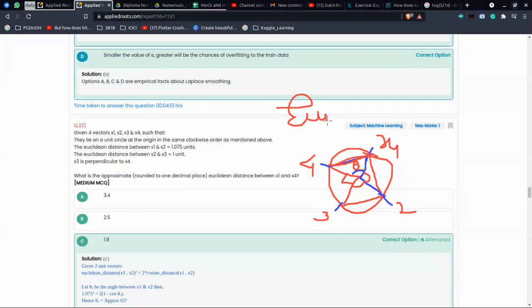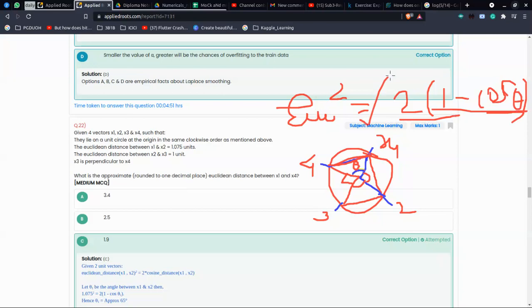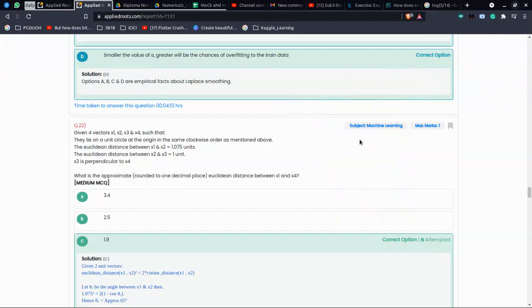We know the Euclidean distance squared is nothing but 2 into 1 minus cos theta, cosine distance. So theta we know, cos theta we know, 1 minus that we know, multiplied by 2 we know. So you can calculate the Euclidean distance by just taking the square root. Let's try to solve that.